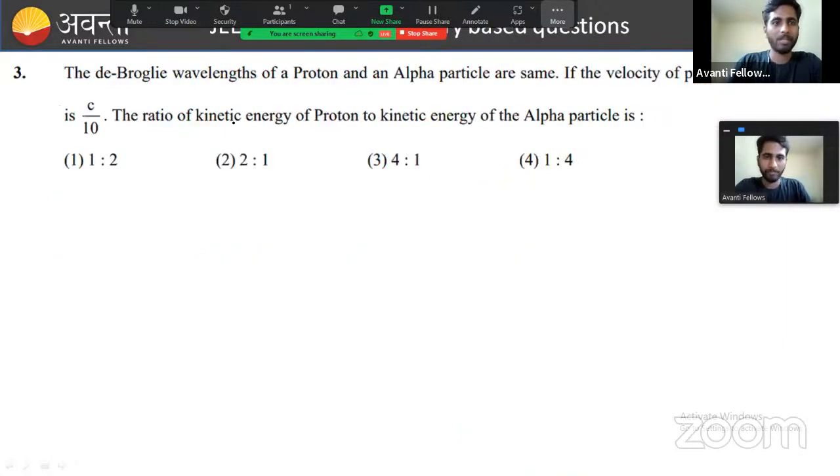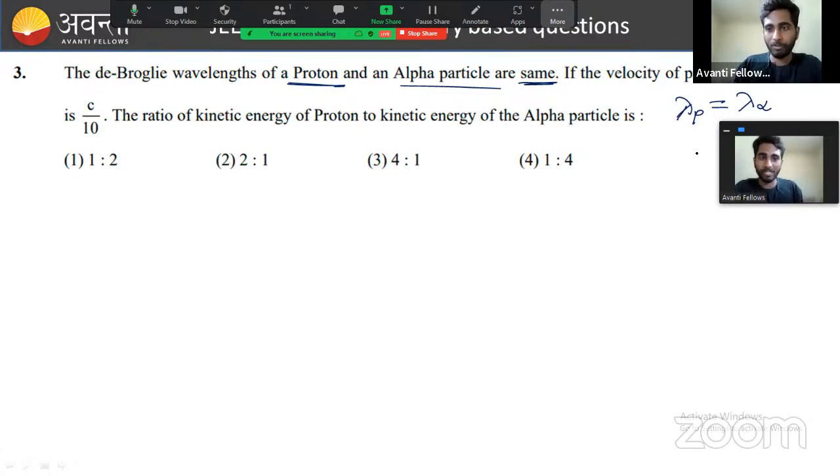Cool. Okay, here is the question. The question says the de Broglie wavelength of a proton and an alpha particle are the same. Means de Broglie wavelength of proton equals de Broglie wavelength of alpha particle, both the same wavelength.